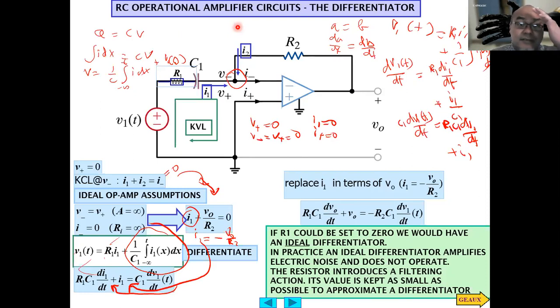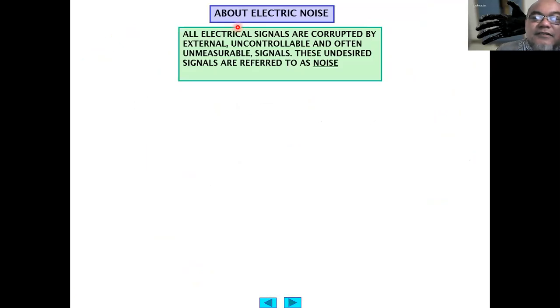The electrical noise comes from the V1. The noise at the V1 will be amplified by the R2C1 component. So we can keep this small by putting that R1, but we also make it as small as possible, so that the circuit can still act, or approximate, as a differentiator.